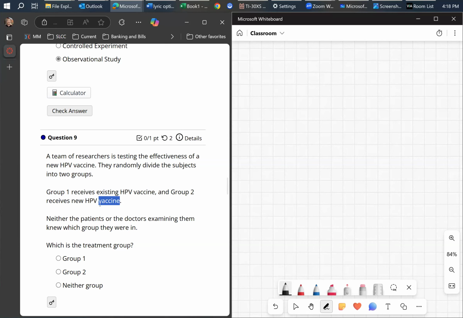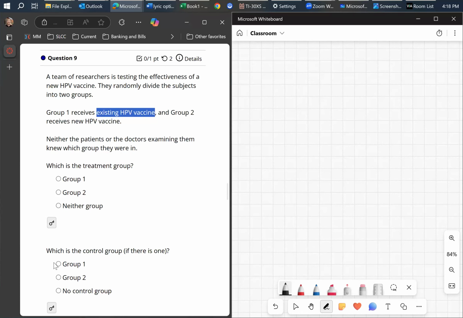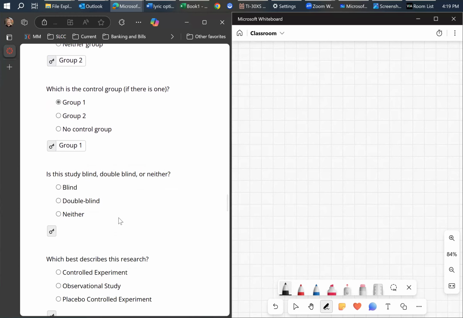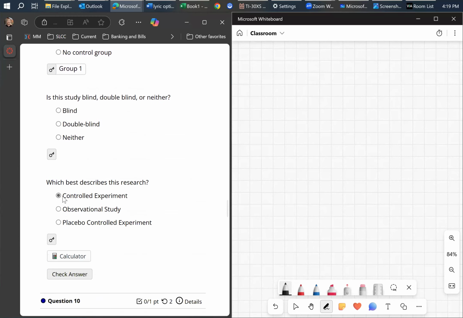That's not ethical. You have to give them what works and then test to see if something else works better. So this is an experiment. The existing HPV vaccine would be the control group. So group 1 would be the control group. Group 2, the new vaccine, that's the treatment group.